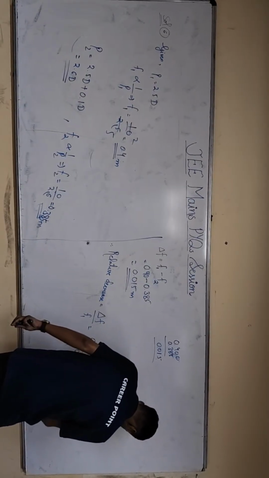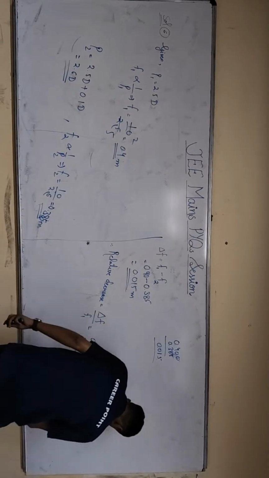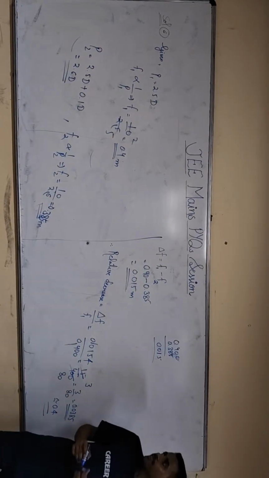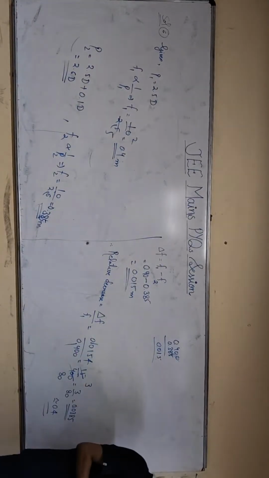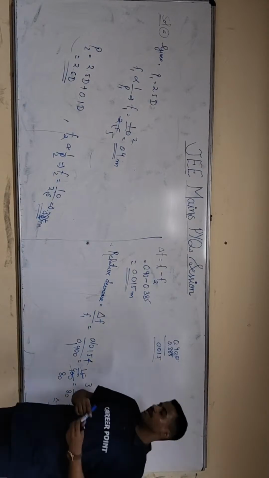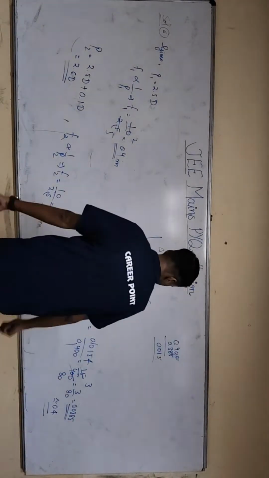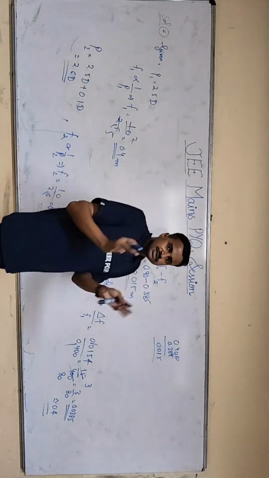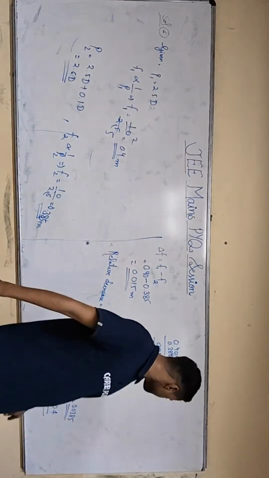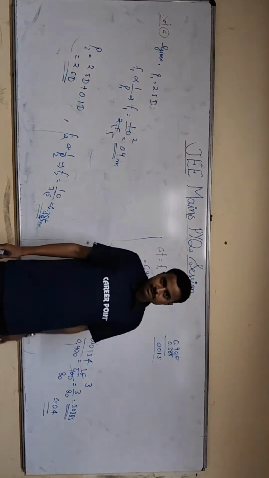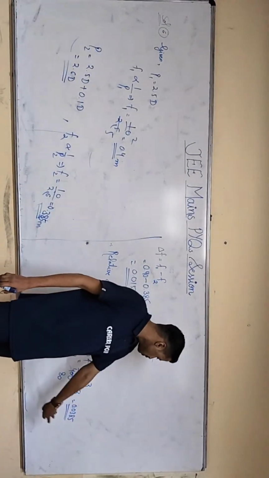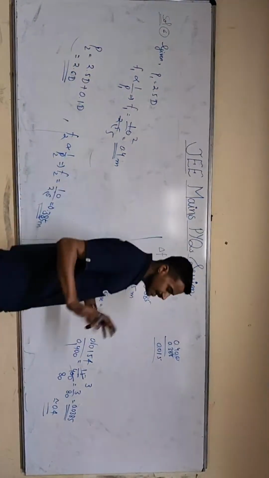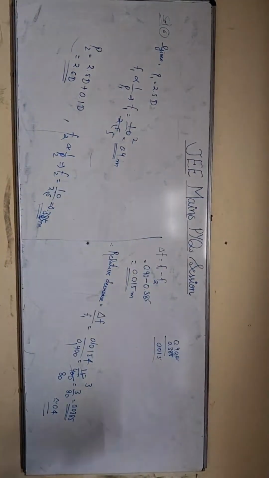Approximately 0.04. So the relative decrease in focal length is about 0.04, which is the approximate value. The exact value is 0.0385. The question is not very tough, it is in the moderate category.